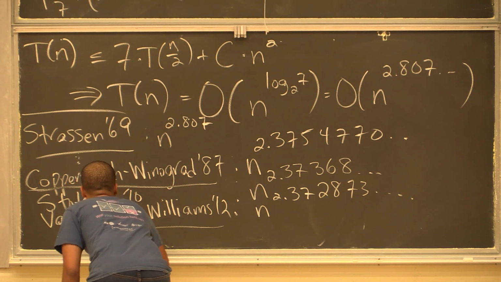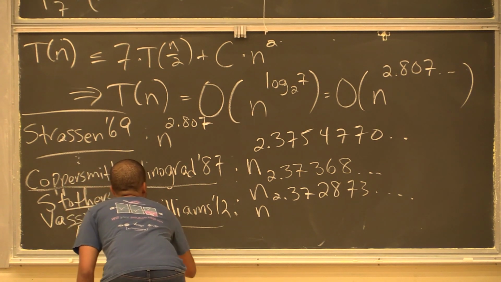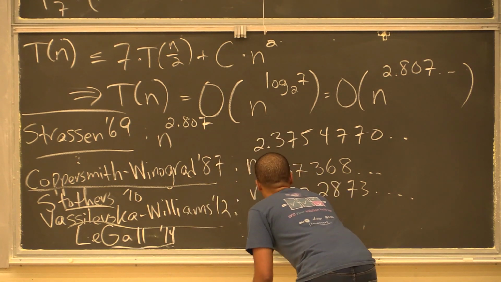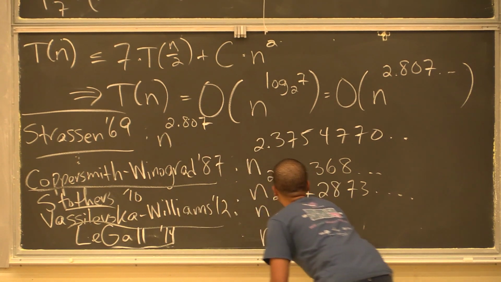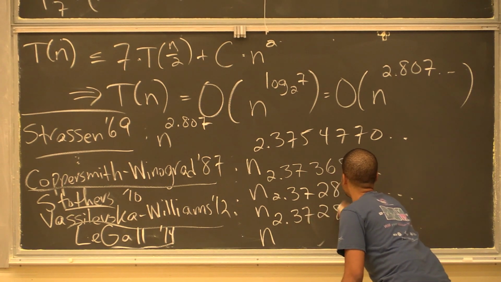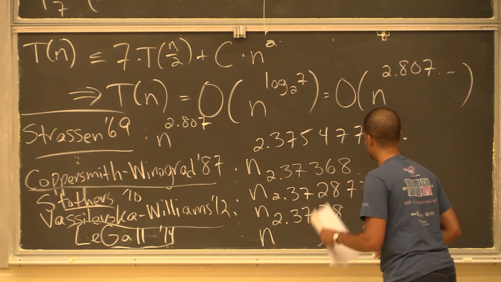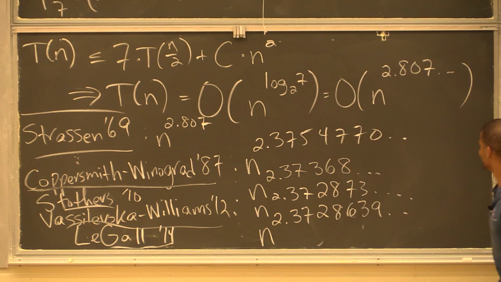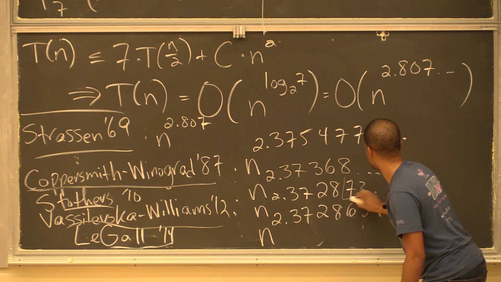And then the state of the art right now was 2 years after that by a guy named Francois Le Gall. That's 2014. And he got n to the 2.3728639. Okay, so just in case you didn't notice, this is the digit that changed.